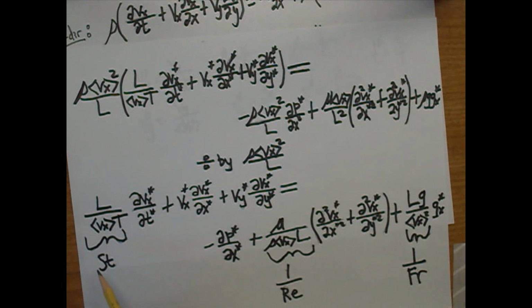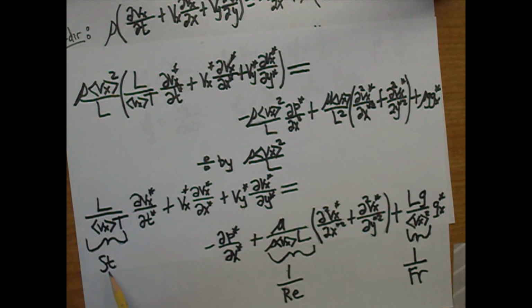Right here, the Strouhal number. We have our inverse Reynolds number, so you have your viscosity divided by rho Vx times L. So that's going to show you that when you have a really large Reynolds number, this whole term, your viscous forces, is going to be negligible.